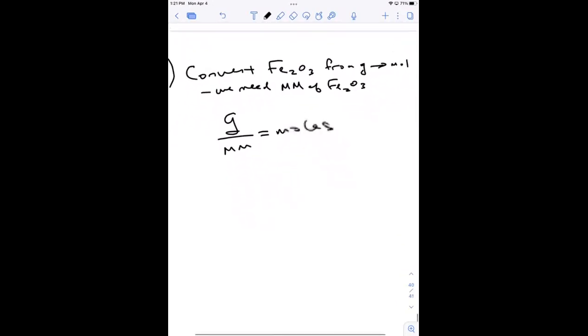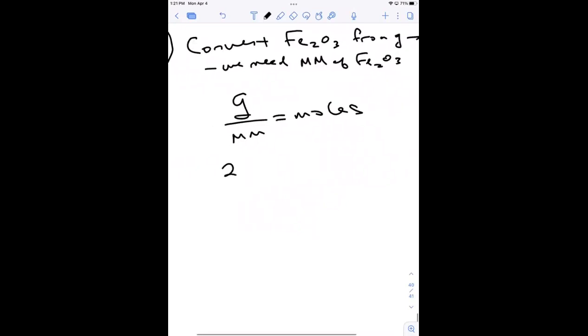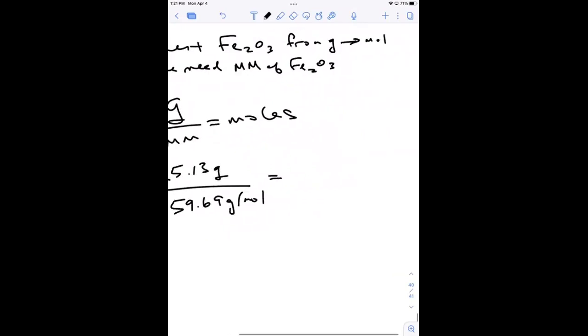So we got 25.13 grams over 159.69 grams per mole of iron 3 oxide. And that's going to give us moles of iron 3 oxide. All right. Everything has to be in moles.